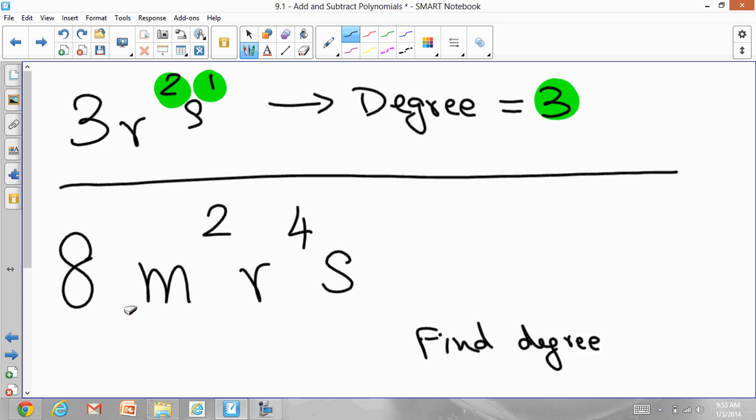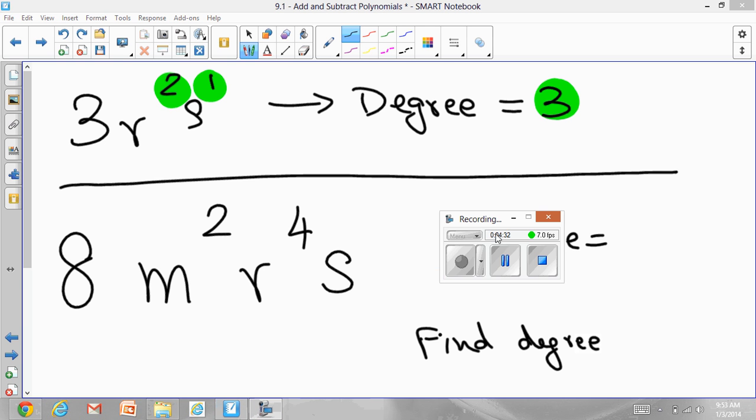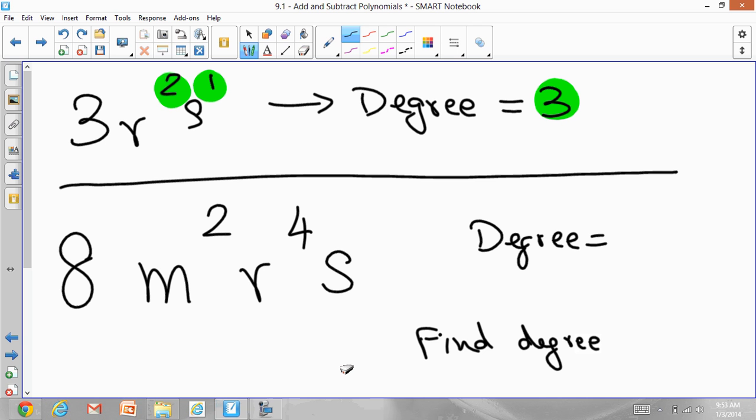Now look at the second question, copy this down. You want to find the degree. This is a monomial, because 8 multiplies m squared, which multiplies r to the power of 4, which multiplies s.